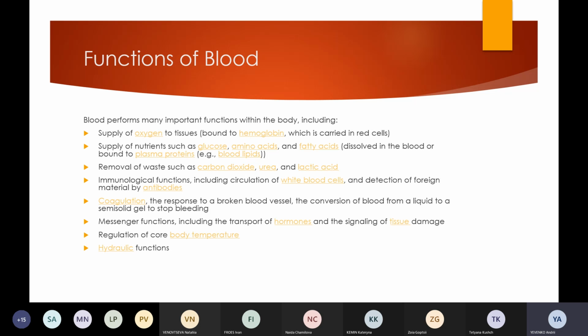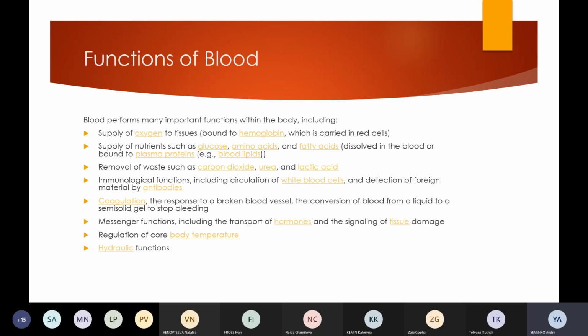It's blood's response to a broken blood vessel when you suffer a contusion on your body or lacerate yourself. Our blood detects this breach in our vessel and forms a special clot that looks like a gel, and it closes up the broken vessel and prevents us from bleeding.